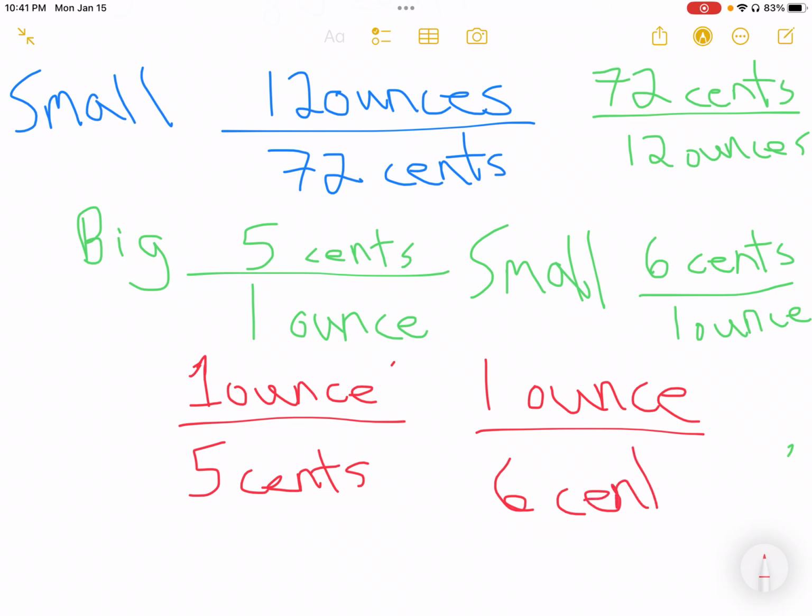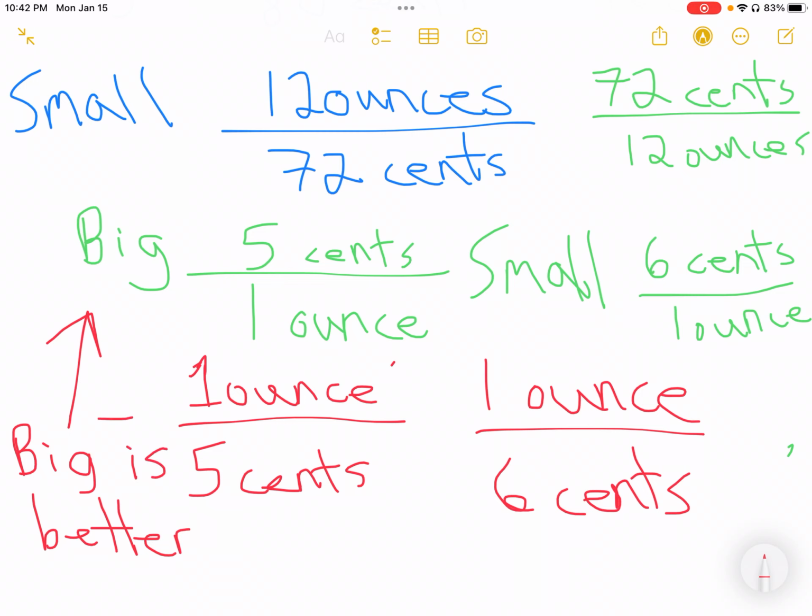And I can obviously tell this answers the question, and the big is better. So better buy: the big is better, right? And then you can box it in or something like that. Okay, big is better. All right.